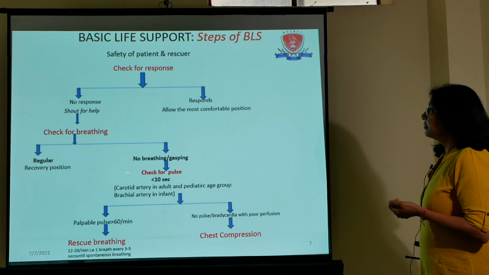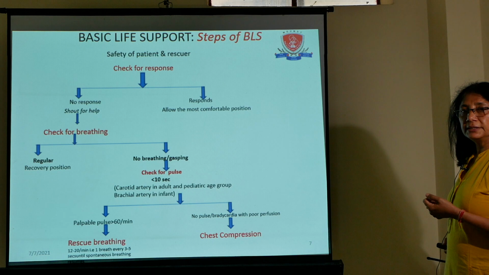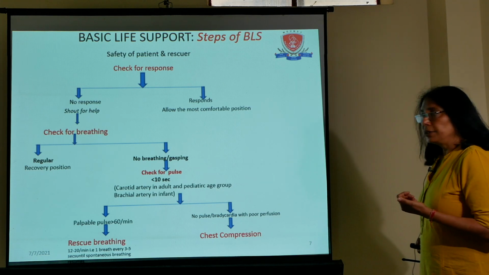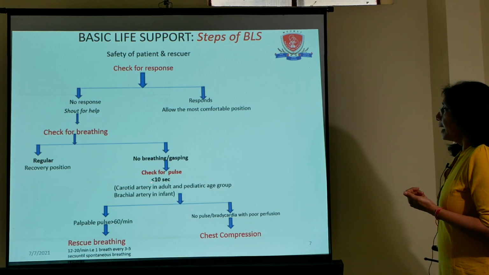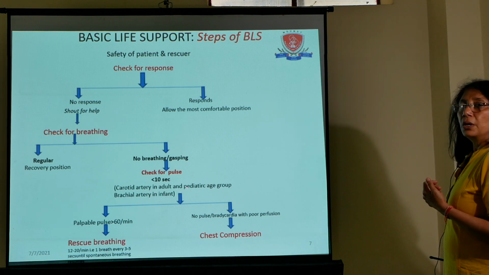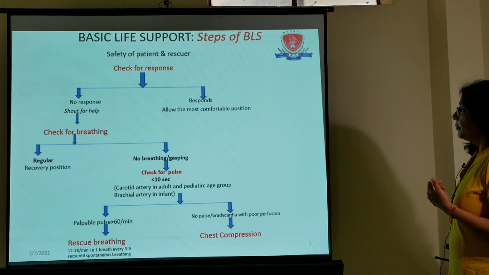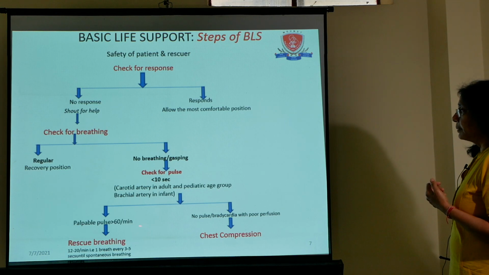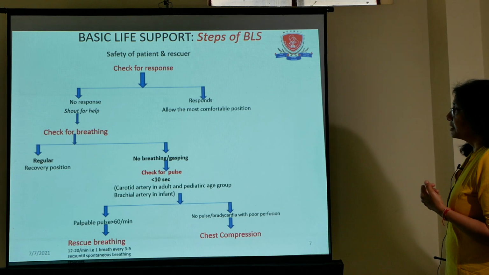Checking of pulse is generally done for less than 10 seconds so as to save time. The carotid artery is used in adult and pediatric age groups, whereas in infants we use the brachial artery. If the pulse is palpable and more than 60 beats per minute, then you need to give rescue breathing.